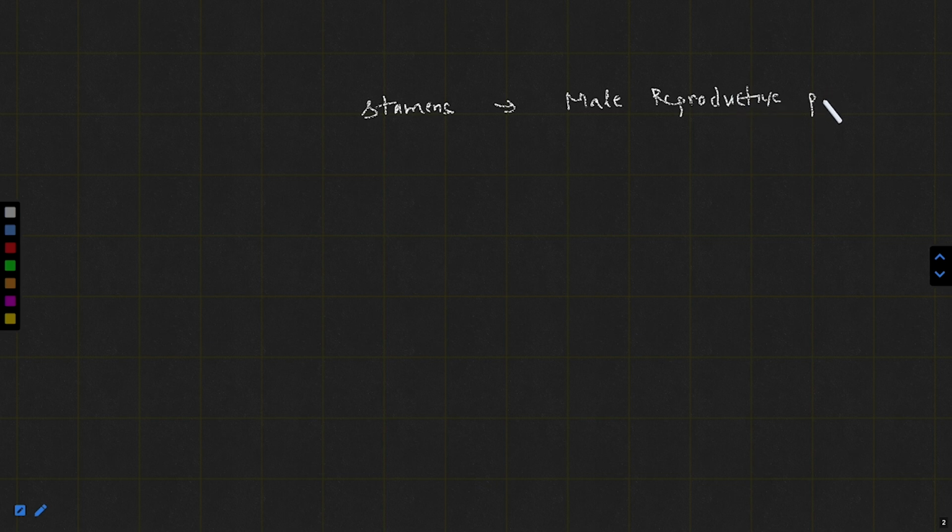Stamens, these are the male reproductive part, and it is called androecium. Now the stamen consists of the anther and the filament. This is the anther and this is the filament.